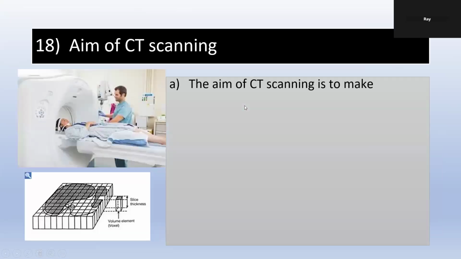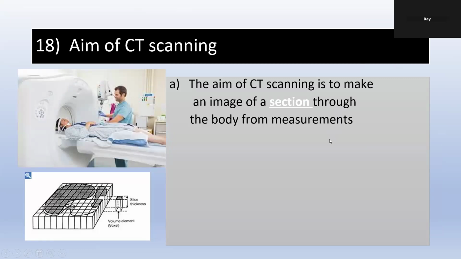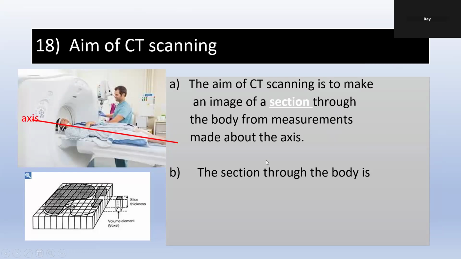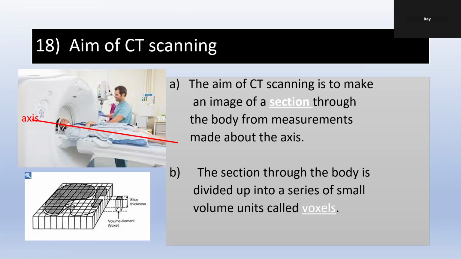The aim of CT scanning is to make an image of a section through a body for measurement along the axis. That's the axis, straight through the center there. The section of the body is divided into a series of small volumes called voxels.